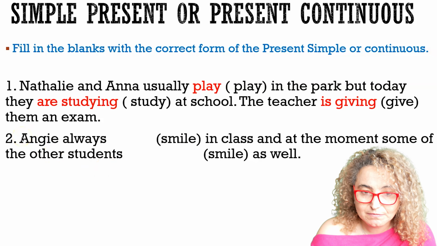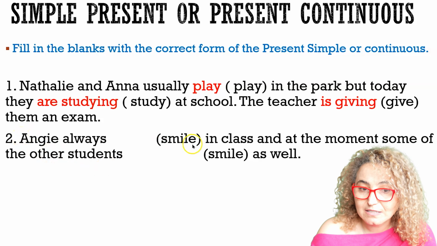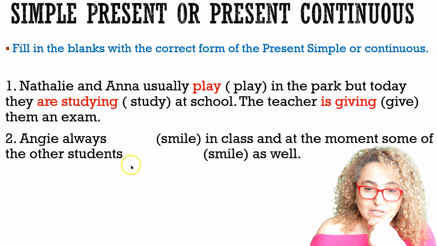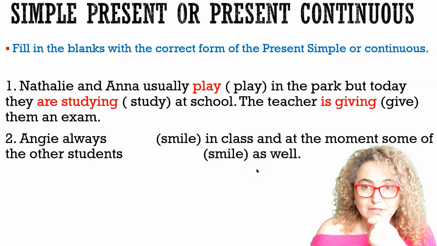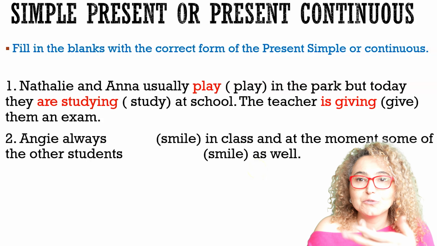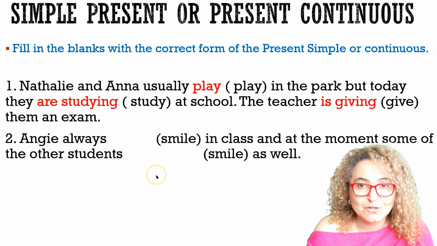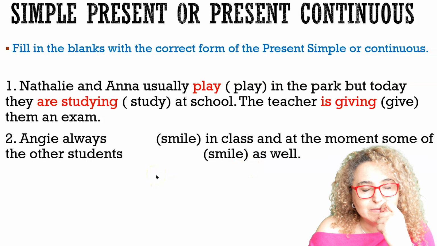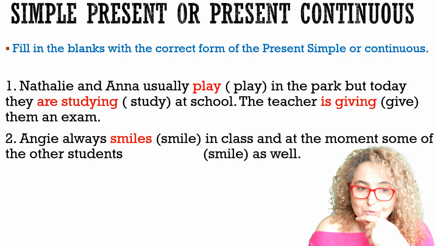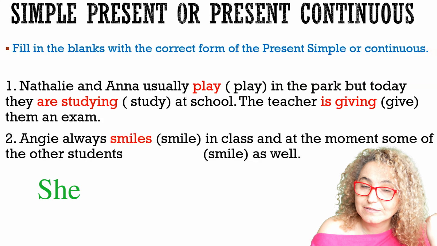Angie always in class smile, and at the moment some of the other students as well. So Angie always, it's a routine. So if you remember, what verb tense do we use? Angie always smiles because she.